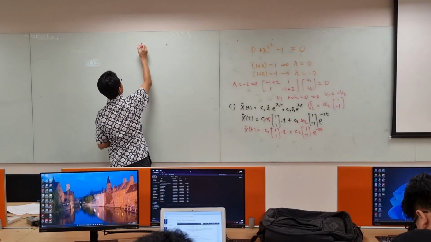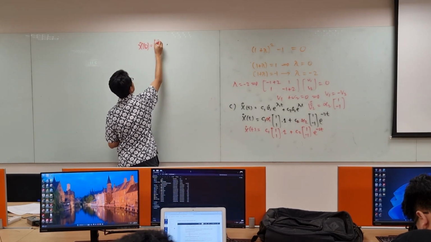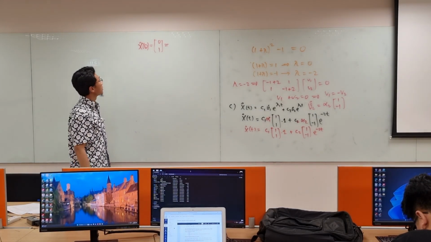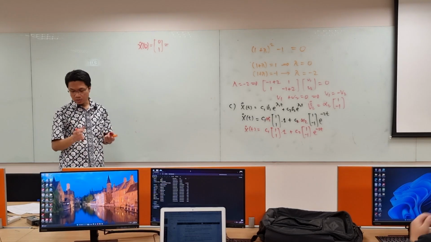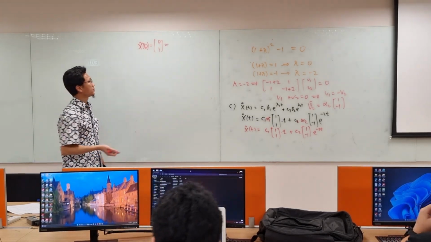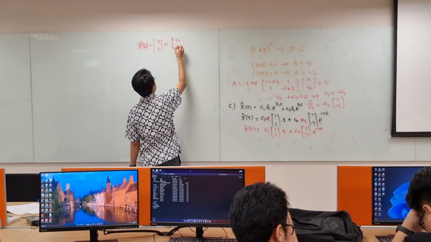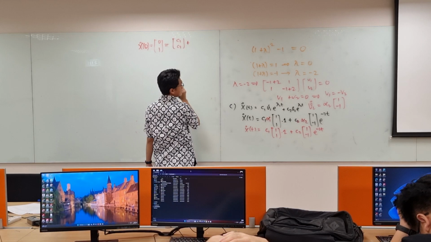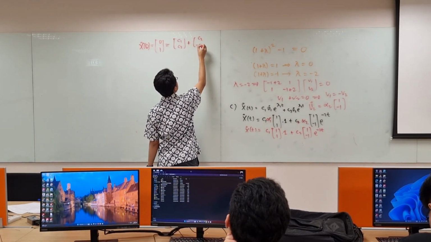It says that x(0) is (0, 1), correct? x1(0) is 0, x2(0) is 1. So this will be C1 plus this is C2 and minus C2.